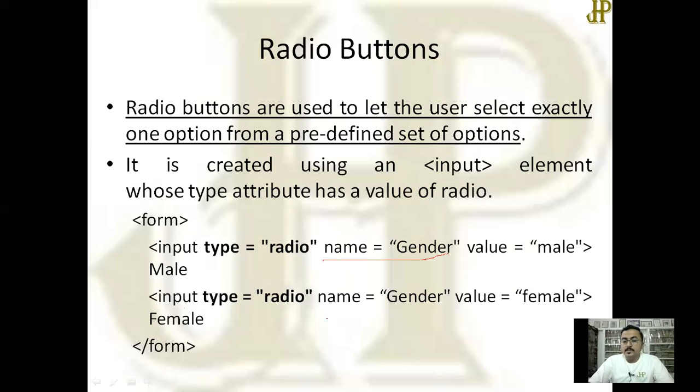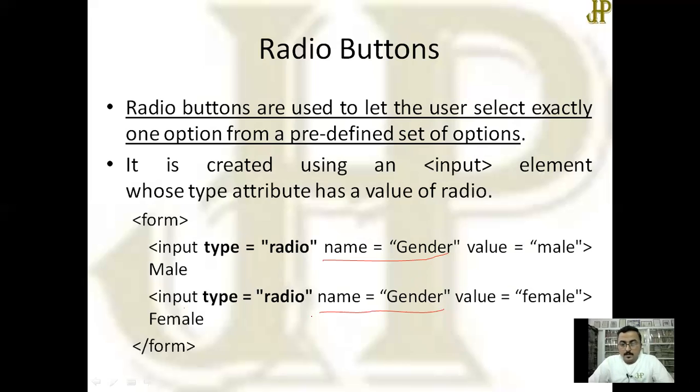Name attribute is equal to gender, name is equal to gender. If these values are different, then HTML will treat this radio button as an individual one and this radio button as another radio button.